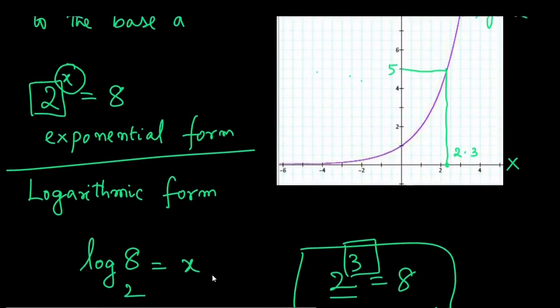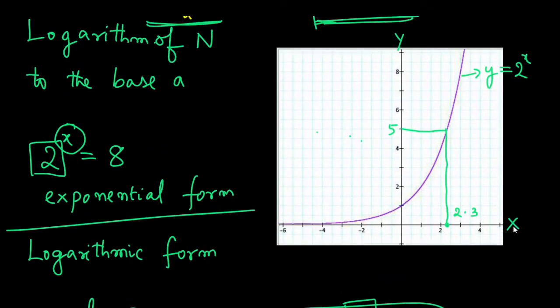Let us look at the graph here. On horizontal we have taken x-axis. So values of x are varying here from negative infinity to positive infinity. When x is equal to minus 3, we got y is equal to 1 by 8. When x is equal to minus 2, y is equal to 1 by 4. When x is equal to minus 1, y is equal to 1 by 2.